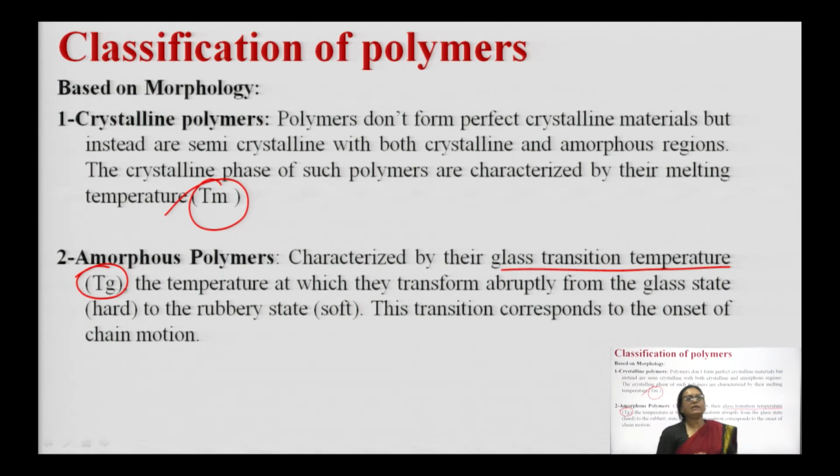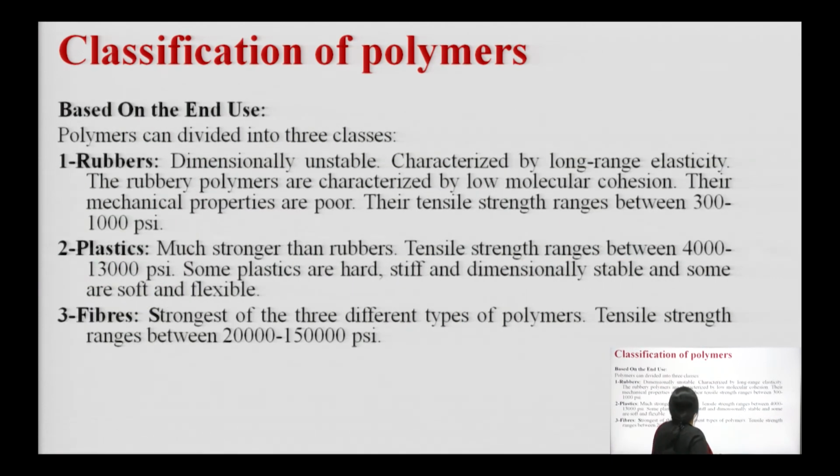This is basically the temperature at which the amorphous form of the polymer transforms from a glassy state to a rubbery soft state. This transition is because of the onset of chain motions, and this occurs at a particular temperature called the glass transition temperature, which characterizes the amorphous polymers.